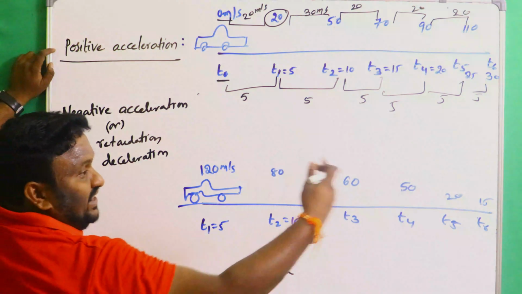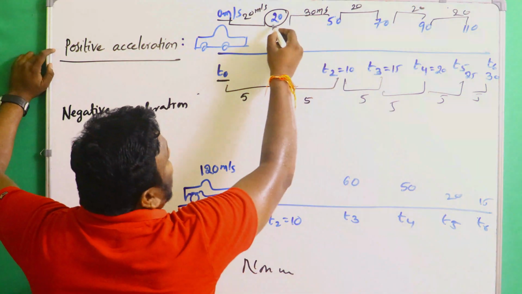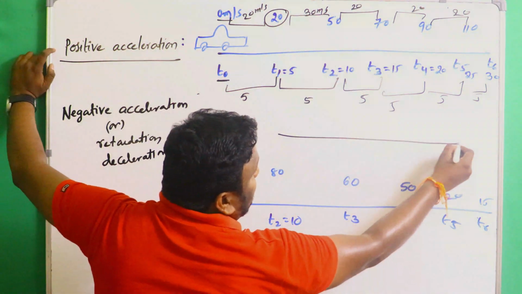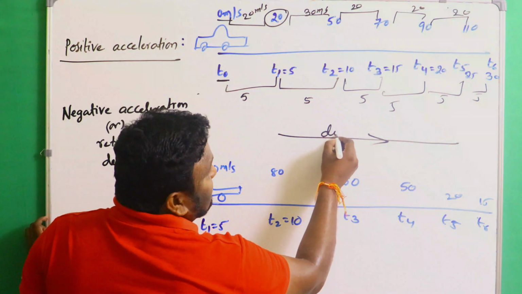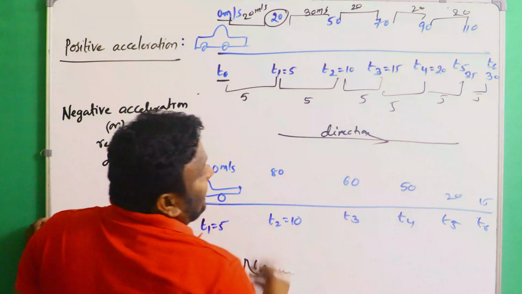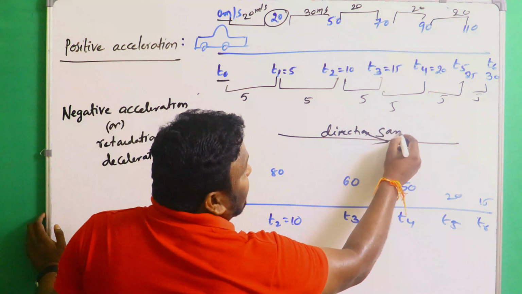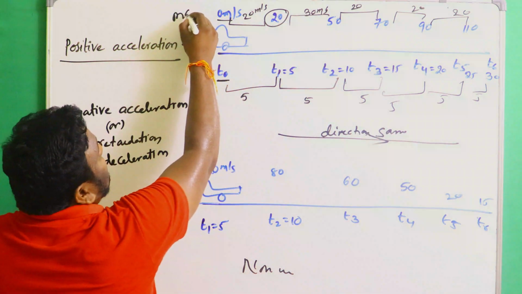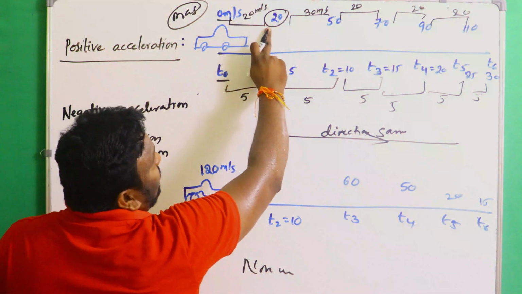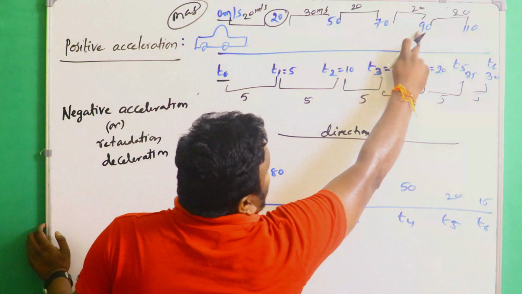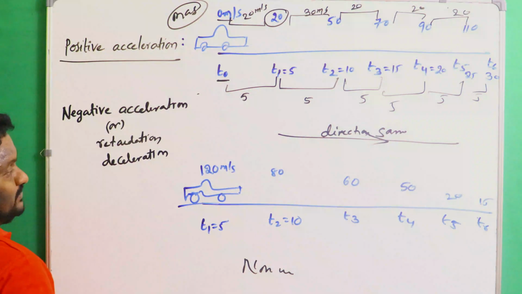The velocity magnitude is increased, and at the same time it is moving along a straight line path. That's why the direction is the same. In this case the direction is the same, but what changes? The magnitude of velocity changes. Initially 0, next 20, next 50, next 70, next 90, and 110, like that.